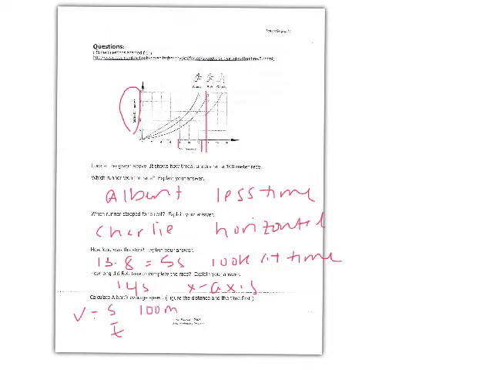And then the time is 12 seconds. So 100 divided by 12 would be 8.33 meters per second. Okay, so those are some things that you can do with graphs.